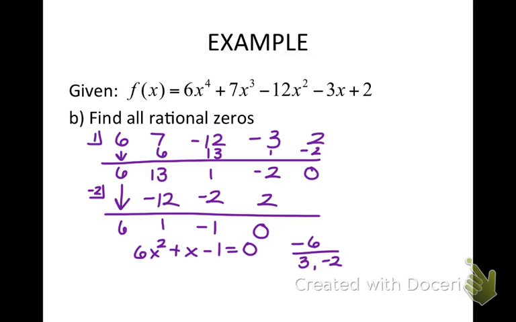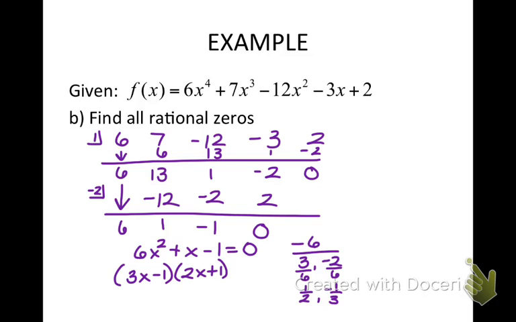Don't forget your leading coefficient is 6. Some of you guys forgot to do that on your 7-4 quiz. Reduce those fractions. So we get 1/3, negative 1/2. What do those look like in factored form? 3x minus 1. 2x plus 1.